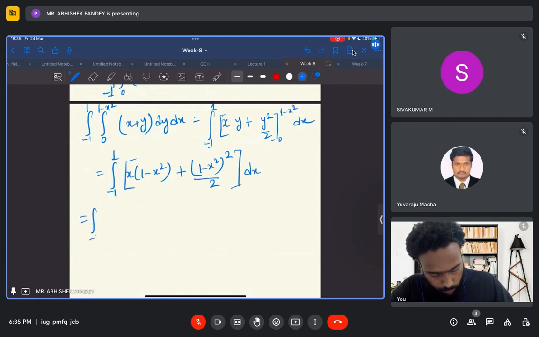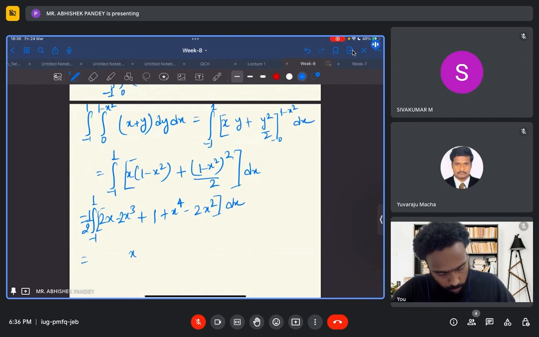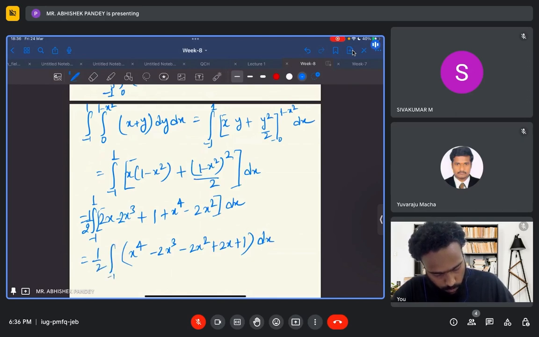So this is x minus x cube plus, so 2x minus 2x cube plus 1 plus x to the power 4 minus 2x square, by 2, dx. So this is now x to the power 4 minus 2x cube minus 2x square plus 2x plus 1, dx, 1 by 2, integral minus 1 to 1.